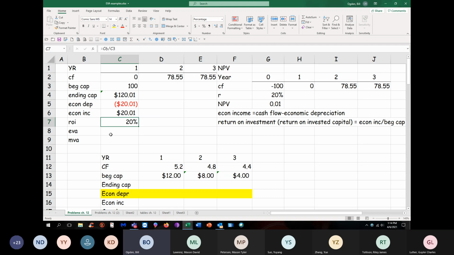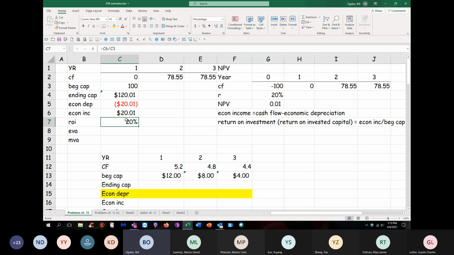And so what has happened here? Paying $100 for this investment, the first year has exactly earned the cost of capital. It's earned the cost of capital, within rounding. It's earned the cost of capital.